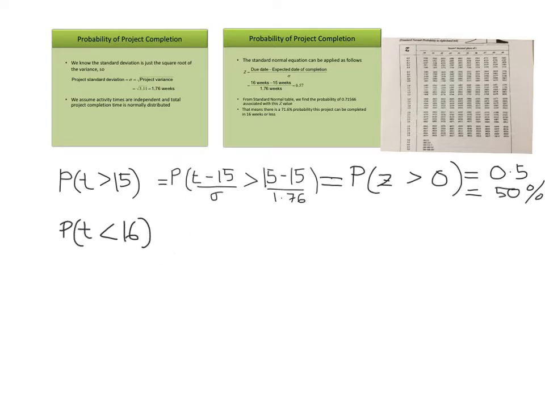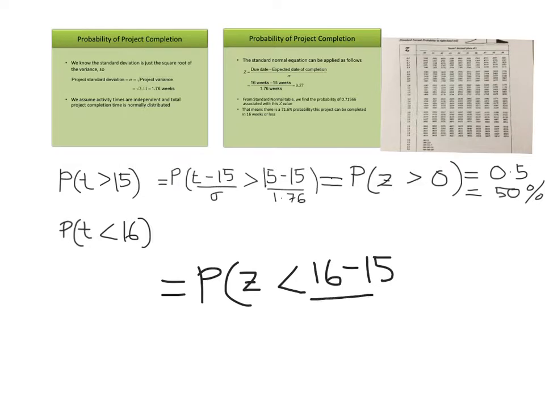Okay, so how do we calculate this? First of all, convert to the Z standard variable. So this is equal to the probability of Z less than 16 minus the mean value, which is 15. The mean value doesn't change for this project, divided by the standard deviation of the project.